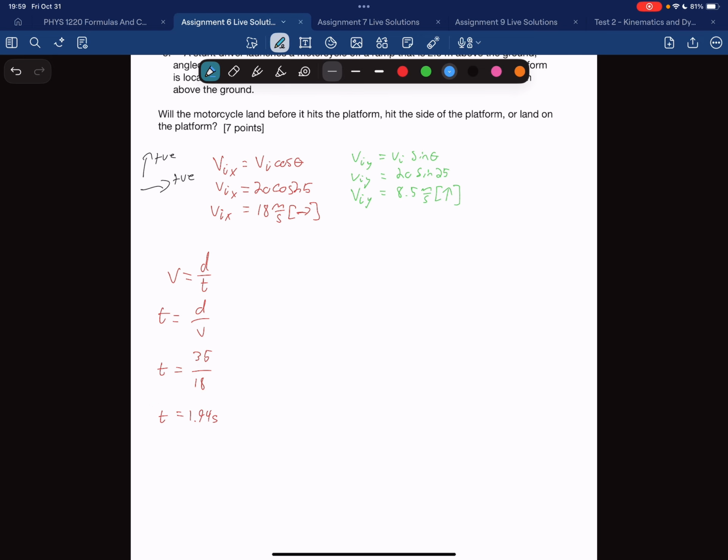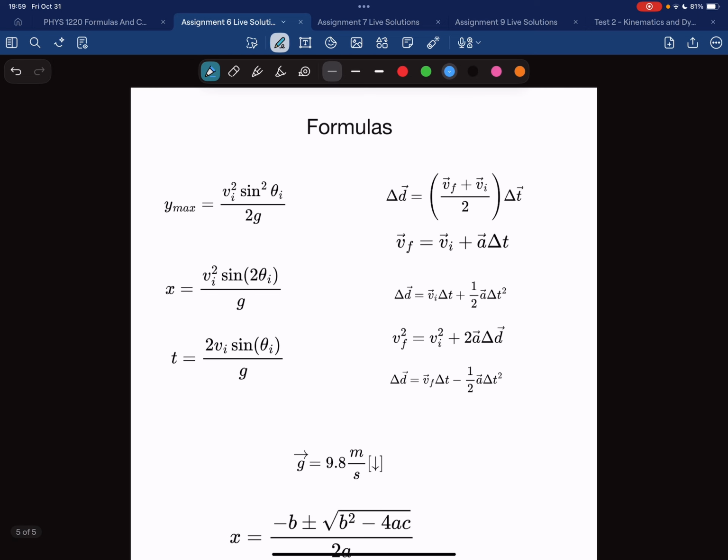Now, we need to figure out how high vertically that motorcycle is after 1.94 seconds. So I'm looking for delta y. I know a couple of equations. If we look over here, we know a few of these.